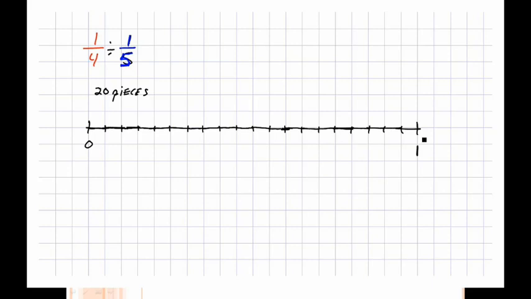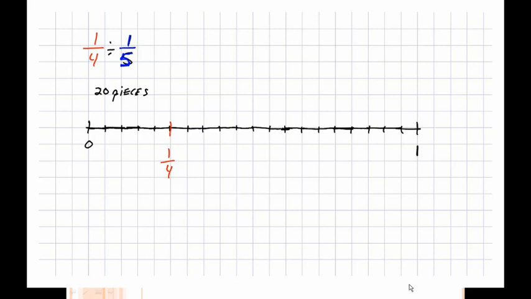Where is 1/4 on our number line? Our 1/4, we count over 5 units. So here is our 1/4. If you split this number line up into segments that are 5 pieces long, you will have 4 of those pieces.